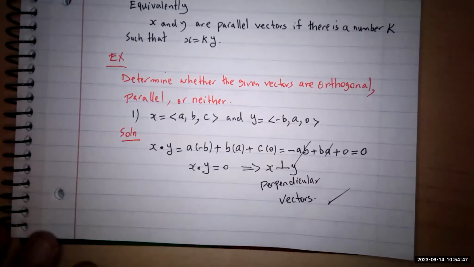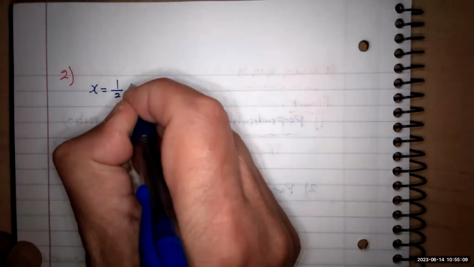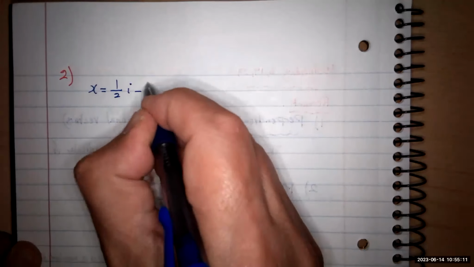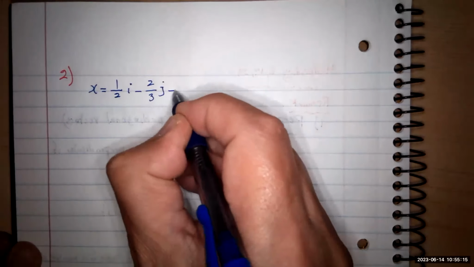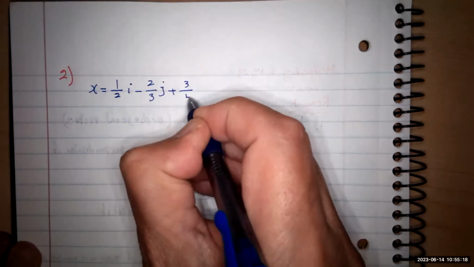So the other one is going to be, I'll go to the next page. Other one is this one. That's number 2. For your number 2, the vectors are x is equal to 1/2 of i minus 2/3 of j plus 3/4 of k.